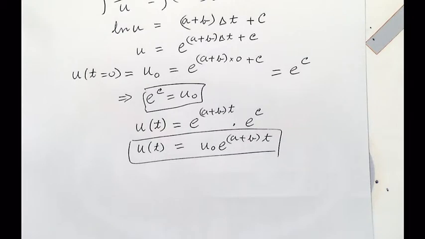Okay, so we have not done any splitting. This is exact. There are no assumptions yet. All right, let's start taking this ODE apart and make it into several different individual problems. Okay, so let's see.